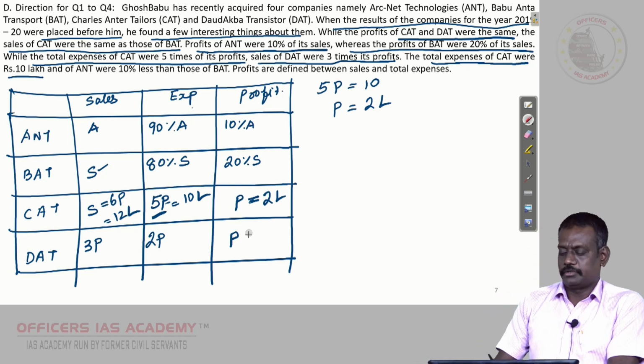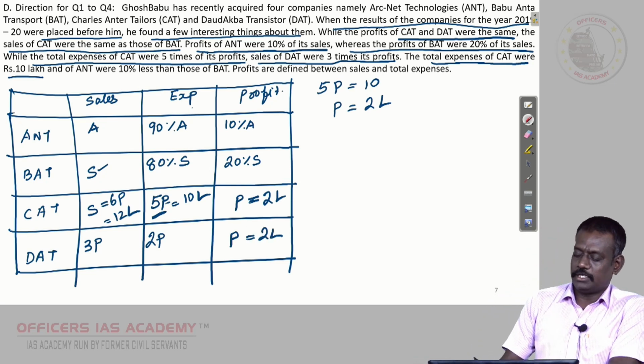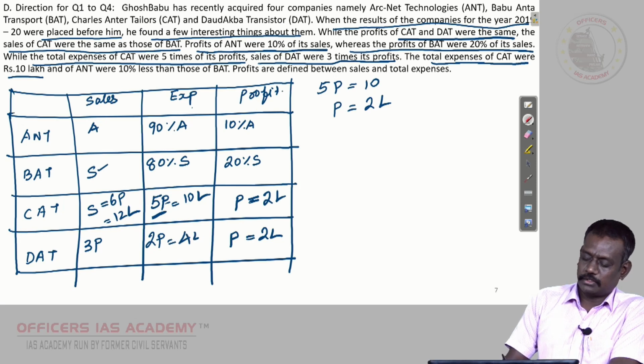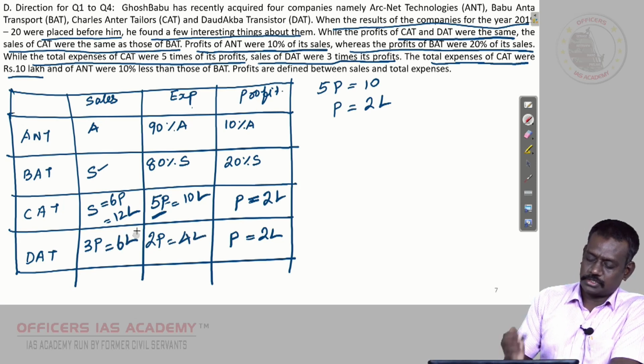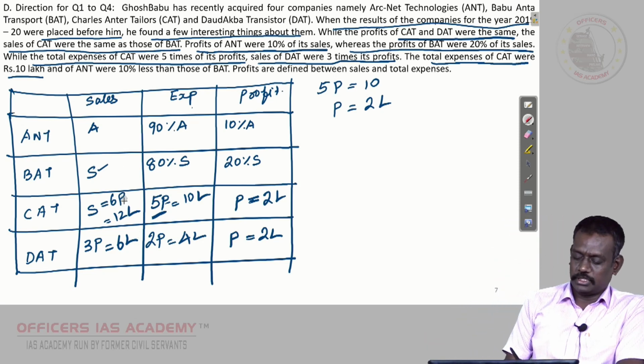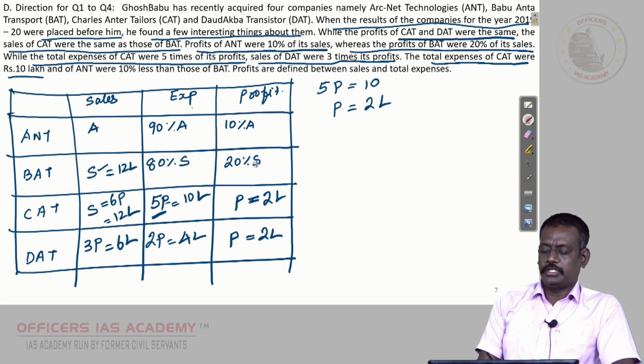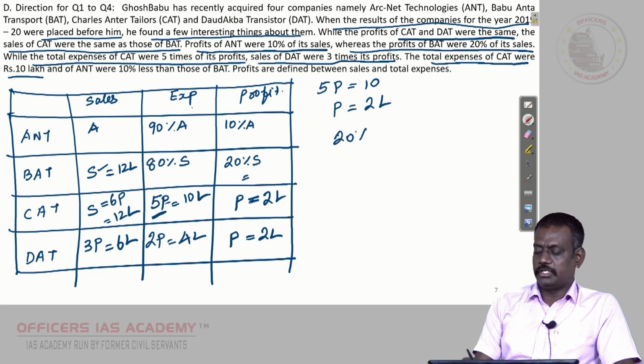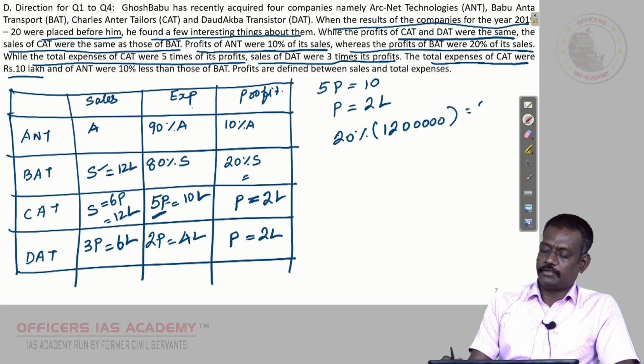Isn't it? So this value will also be 2 lakh and this will be 4 lakh and this will be 6 lakh rupees. Am I right, children? And if this is 12 lakh and this will also be the same 12 lakh, then 20% of S is nothing but 20% of 12 lakh, which is 2,40,000.